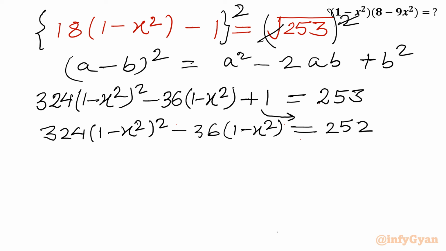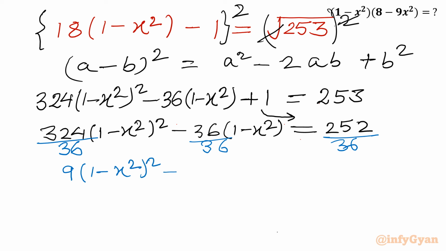Now I will divide both sides by 36 because this equation is divisible by 36. So this term will be 9 times (1 minus x square) whole square. This will be 1 minus x square only. And the right hand side, if you check, is 7.